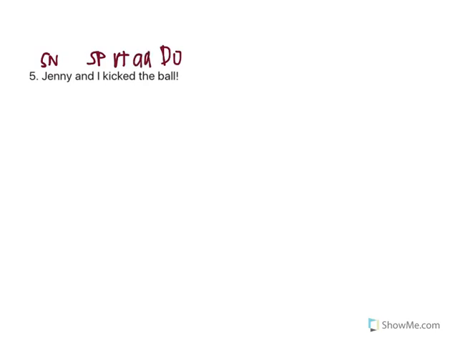The is an article adjective, and here and is going to be a conjunction. So we can tell by the exclamation point that this is an exclamatory sentence. Now, is this sentence simple or is it compound? Jenny and I kicked the ball.